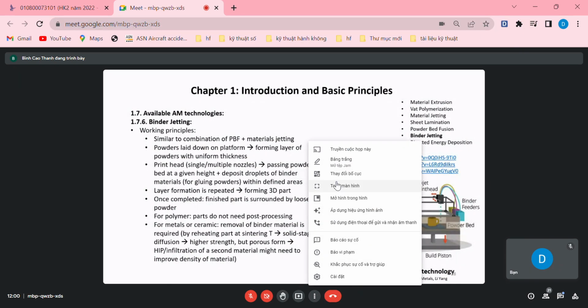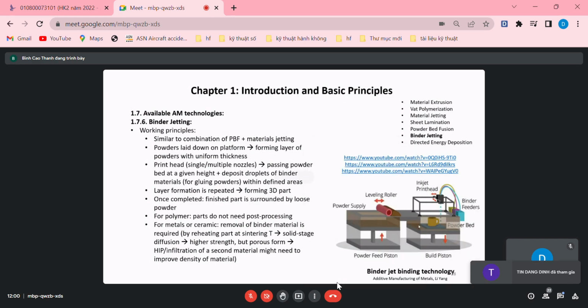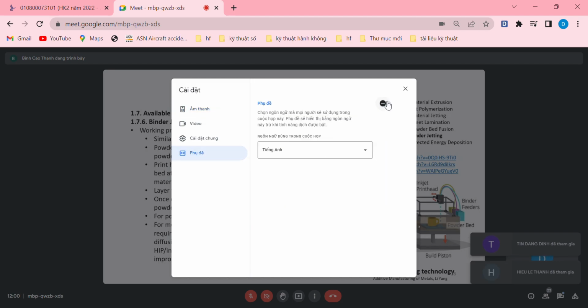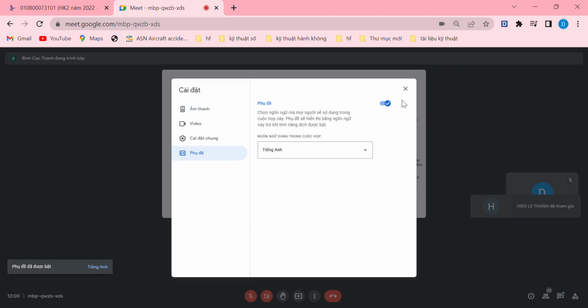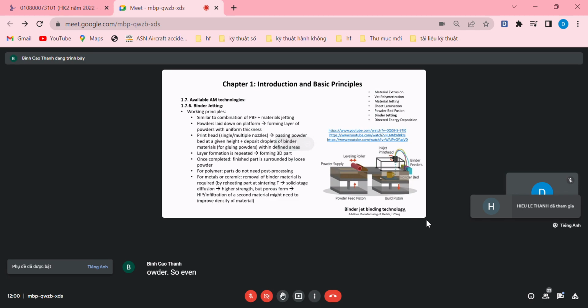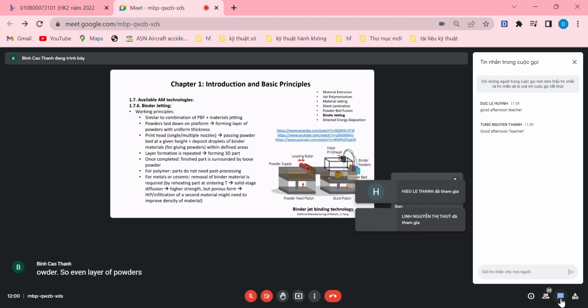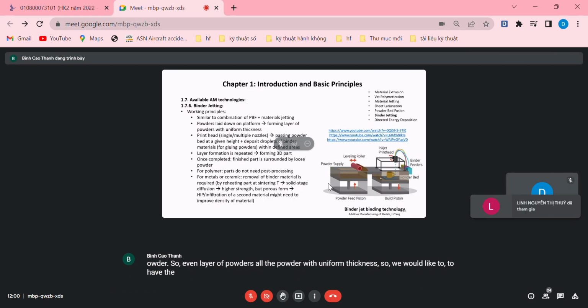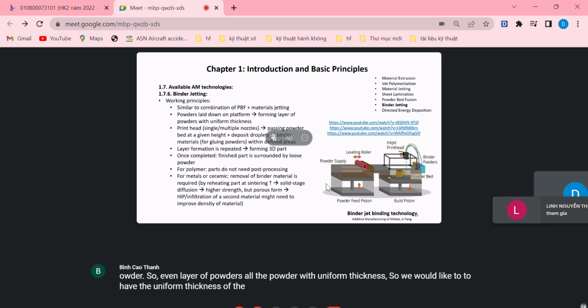So this is the combination of powder bed fusion with material jetting, in which the powder will be laid down on the platform to form the layers of powder, an even layer of powder with uniform thickness. We would like to have the uniform thickness of the coating layers in order to guarantee their even thickness.